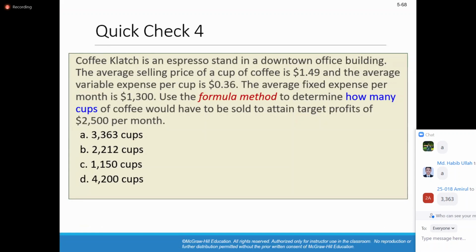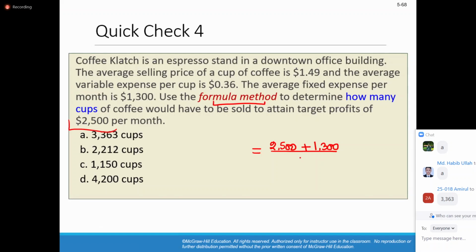So I think I have got adequate responses to proceed. Let's check whether we need to use the formula method for getting the quantity we sold for the purpose of a target profit of 2,500. So we know in the formula method we need to add two things in the numerator: the target profit 2,500, and the fixed expenses, which is 1,300 here, and we divide this number by the contribution margin ratio.